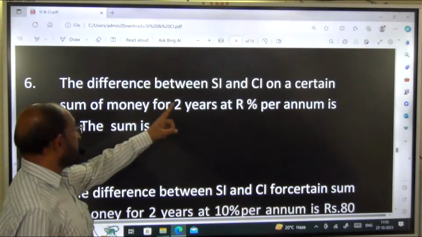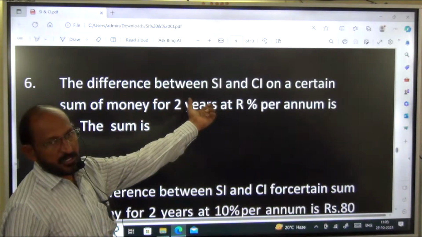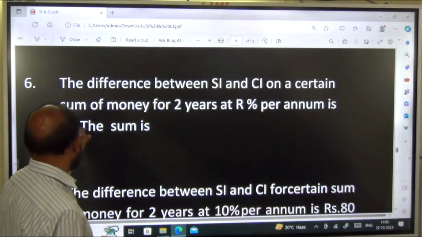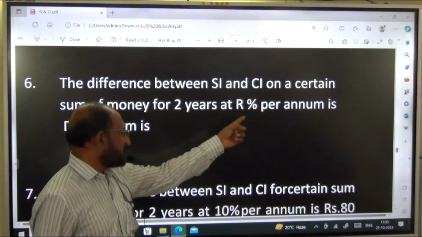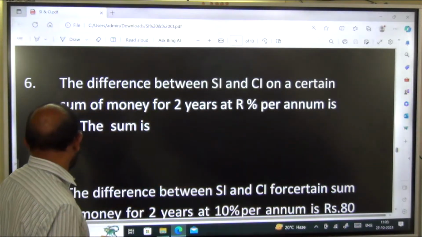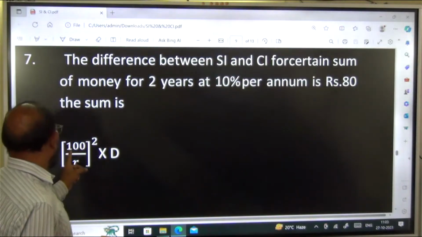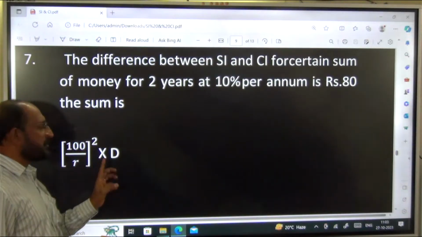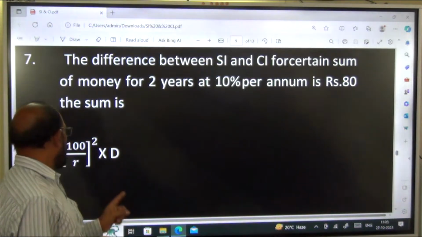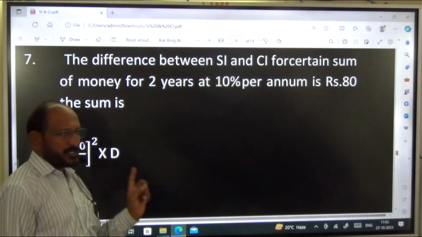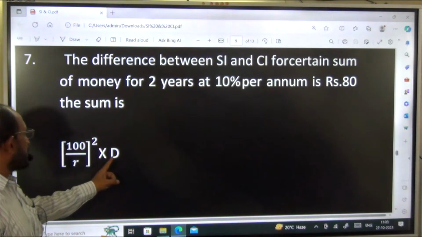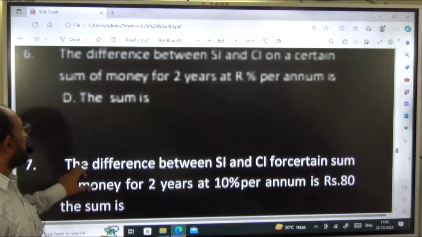If it is given for 2 years at R% rate, difference D, then how to calculate? We have to apply the formula 100 by R whole square into D.